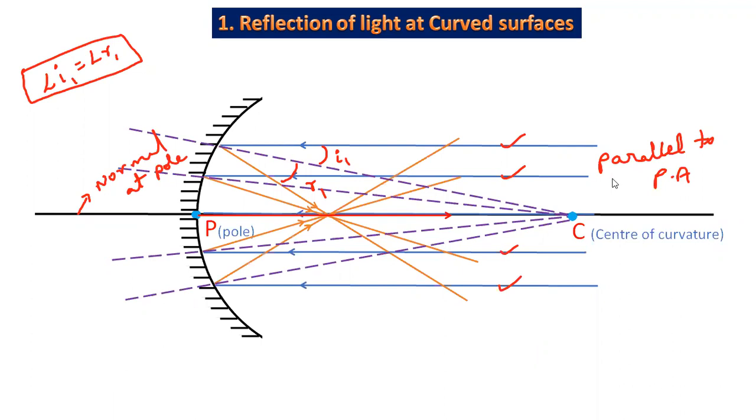So now look at where they are after reflection. I am asking, are they going to meet at a common point or not? Anybody? After reflection from the mirror surface, do they meet?